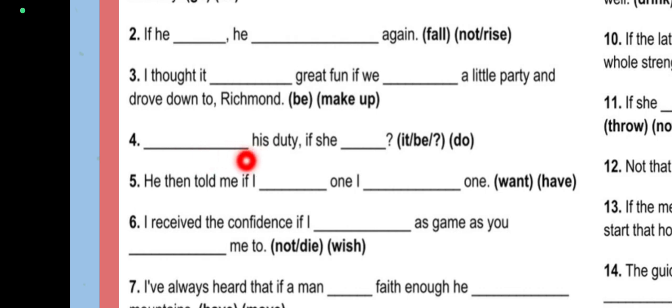Would it be his duty if she were? Okay, don't forget be. Would it be his duty? Okay. And here we have the verb do, so we need to use the past form of the verb do, which is if she did. Did. You get it.